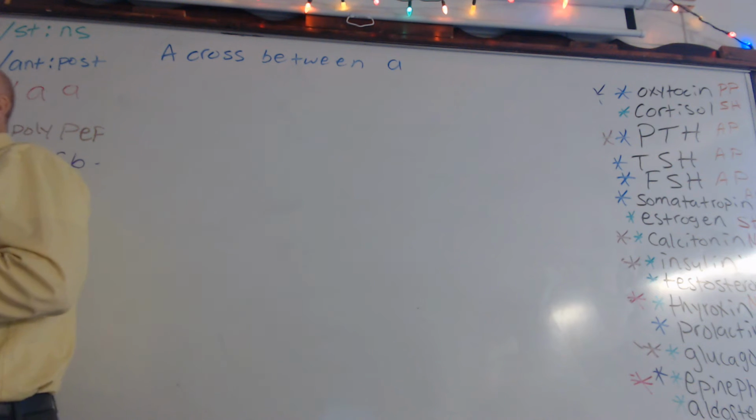Okay, so is the first plant green, or is it green and wrinkled? Is it green and smooth? Green and wrinkled. Okay.